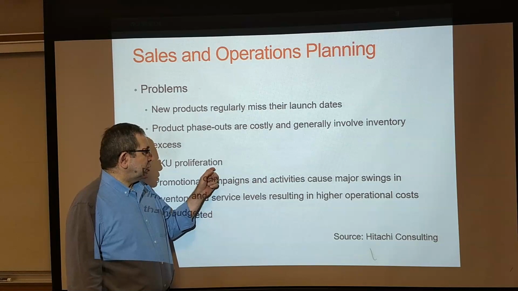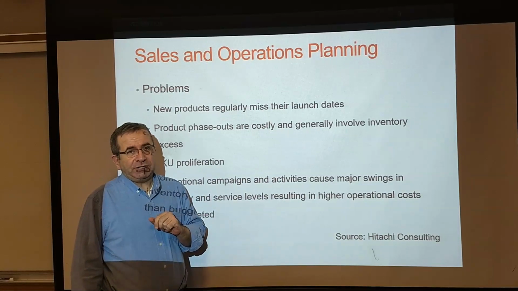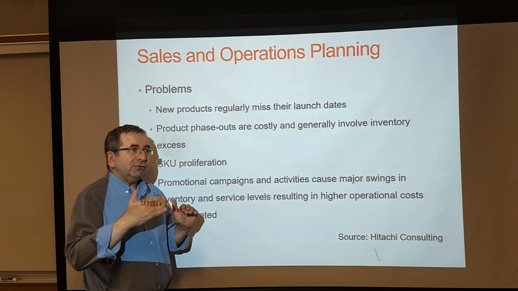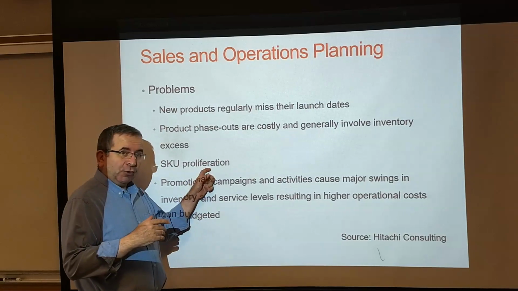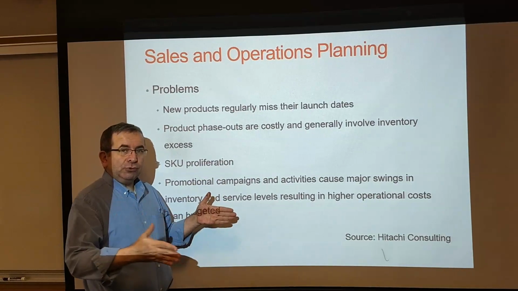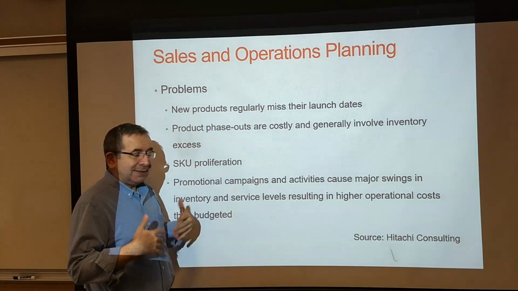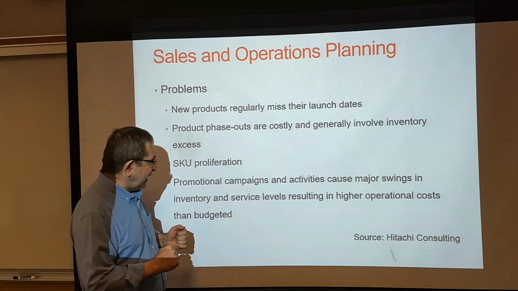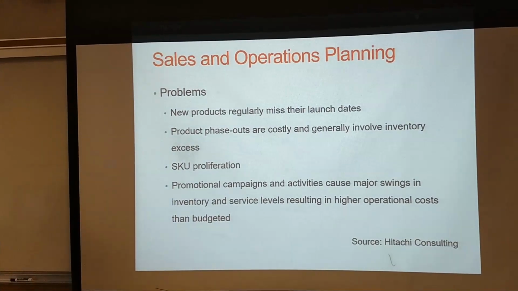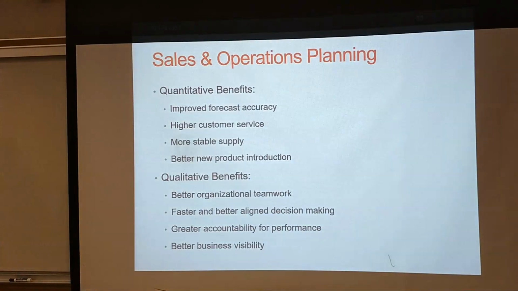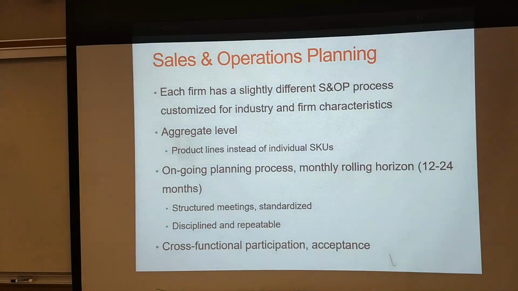That is called SKU proliferation. And the product portfolio has to be pruned from time to time by phasing out less well-performing SKUs.